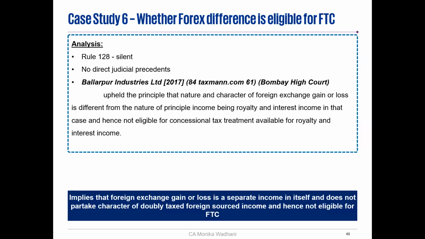This implies that foreign exchange gain or loss is a separate income itself, and it does not partake the character of the doubly taxed income, which is sourced in the foreign jurisdiction, and hence, in my view, that should not be eligible for foreign tax credit.